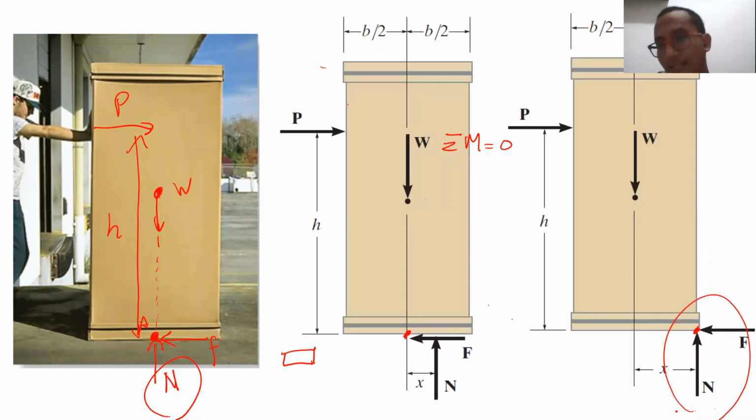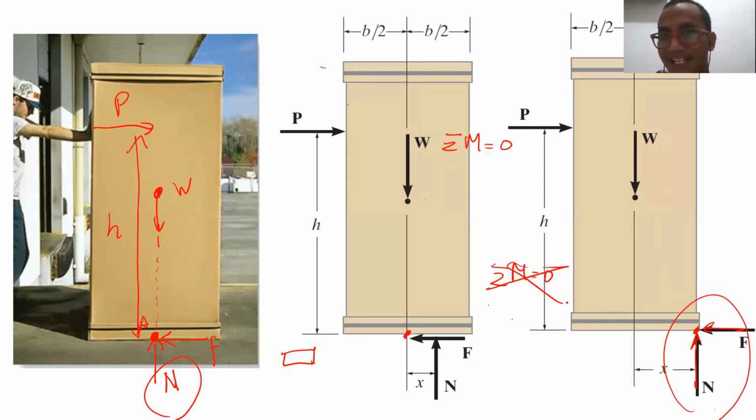Okay, still like that. The normal force is still there. The friction force is still there. But the one thing that is not maintained is this one. Sigma moment equal to 0 is not maintained anymore. So we can't fulfill sigma moment equal to 0, because if we want to maintain sigma moment equal to 0, the normal force is supposed to be bigger than P/2. You understand?